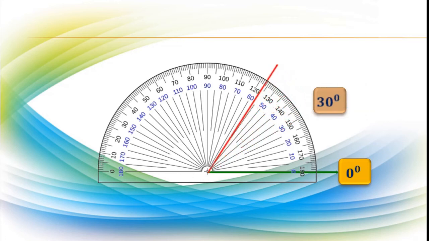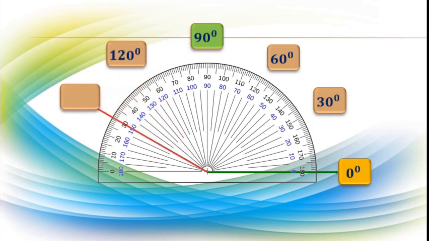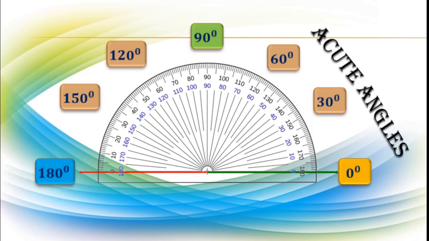Now we'll move further. Yes, this is 60 degrees. You can read. Next, this is 90 degrees. Next, this is 120 degrees. This is 150 degrees. And this is equal to 180 degrees.